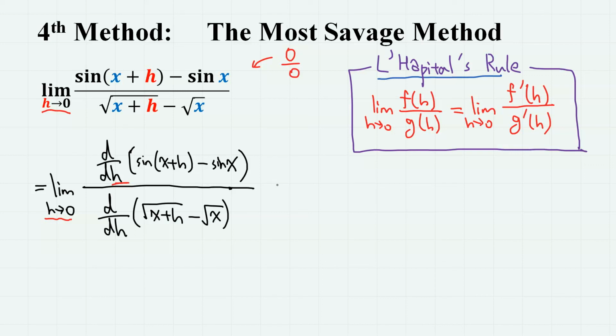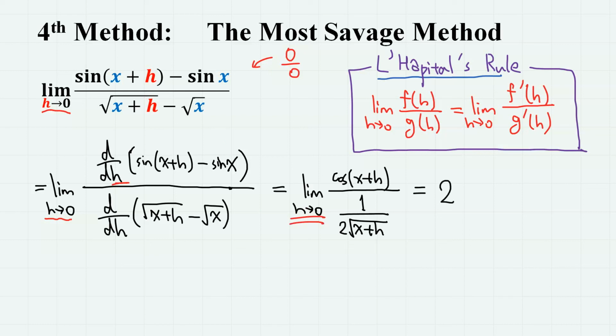If we differentiate each part with respect to h, in the numerator we have cosine of (x plus h), and in the denominator we have 1 over 2 times square root of (x plus h). And now if we send h to 0, we obtain 2 times square root of x cosine x, which is of course the same answer that we've already obtained.